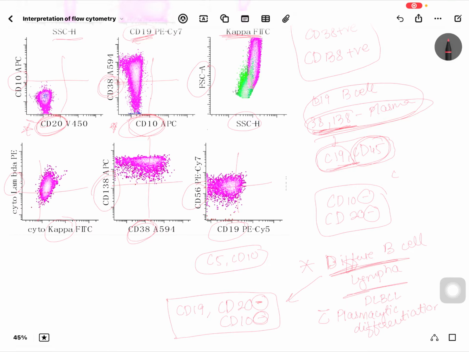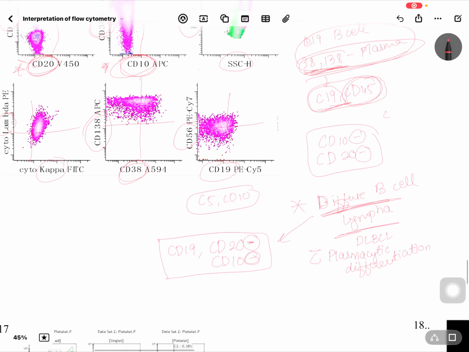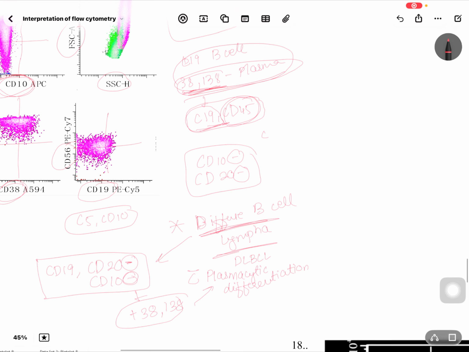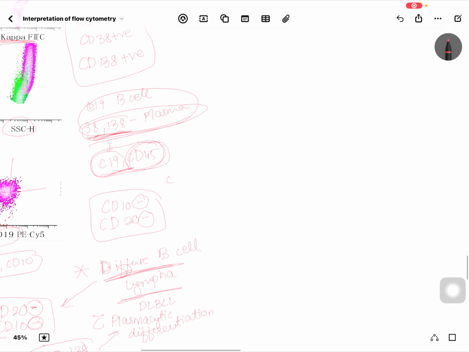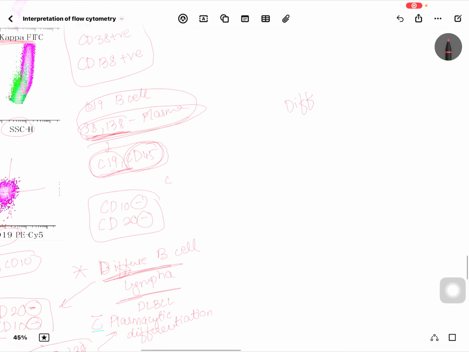Okay. Why? Because along with this, they have positivity for CD38 as well as CD138. These are the markers for plasma cells. So the final answer is yes, it is diffuse B cell lymphoma with plasmacytic differentiation.